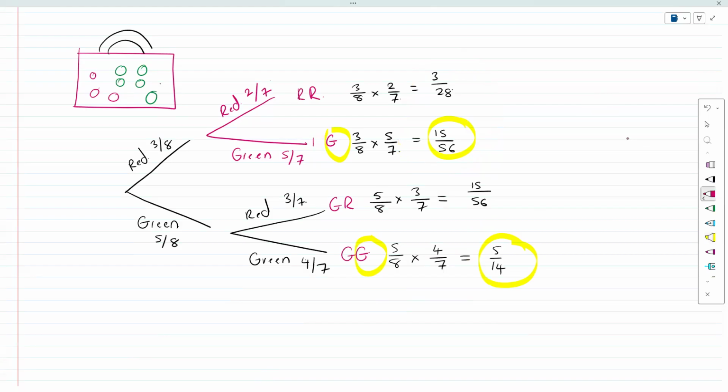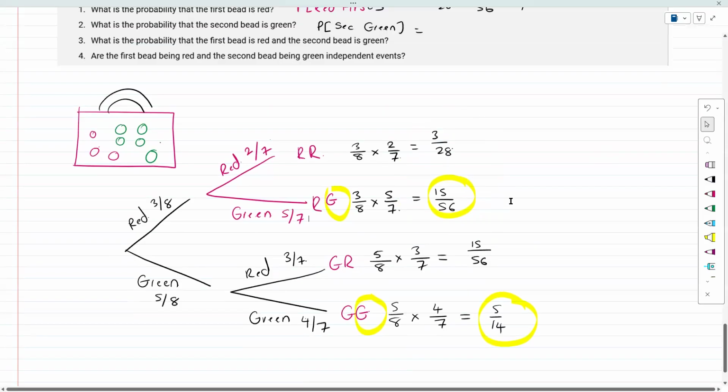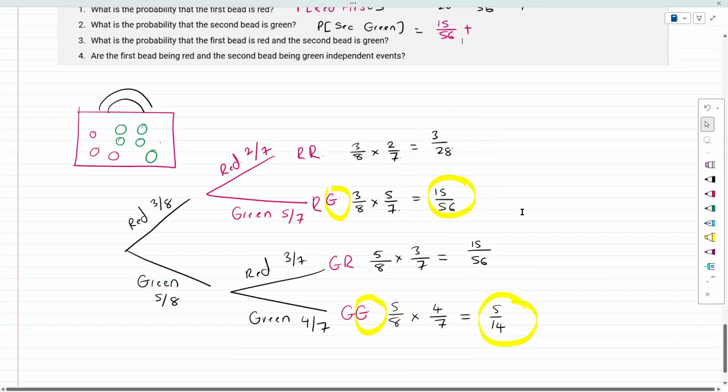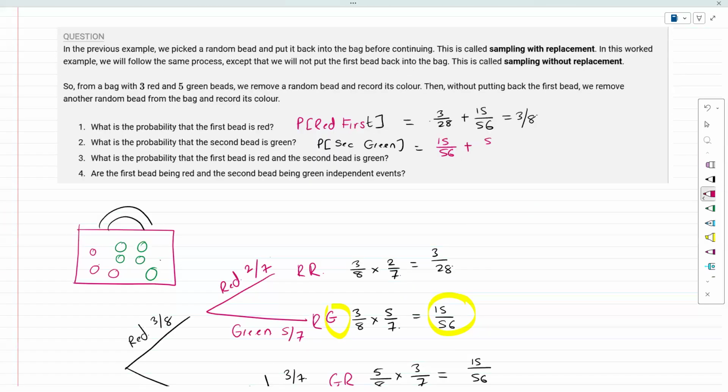Right? So 15 over 56 plus 5 over 14. And that equals whatever number you guys got, 15 over 56 plus 5 over 14. And that's also equal to 5 out of 8.